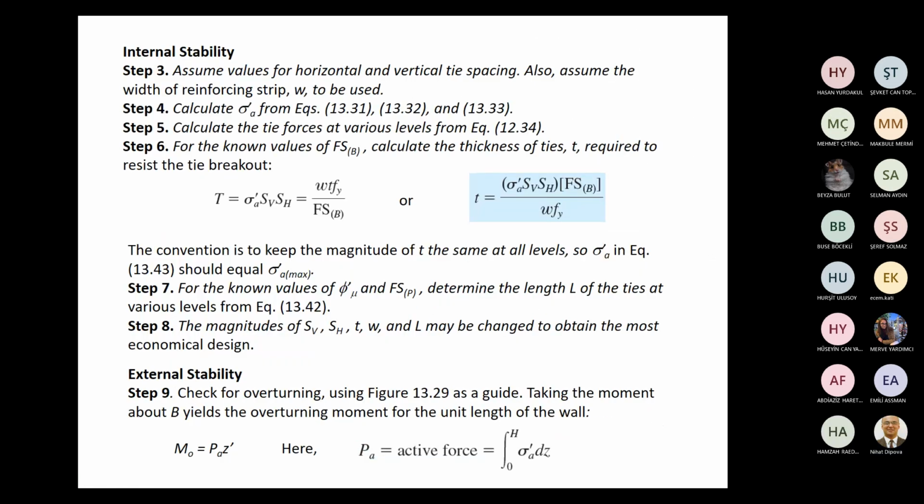And for the known values of safety factor for breaking, calculate the thickness of ties. And step 7, for the known values of interface friction angle and safety factor for pull-out, determine the length.